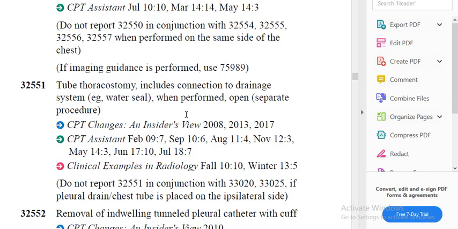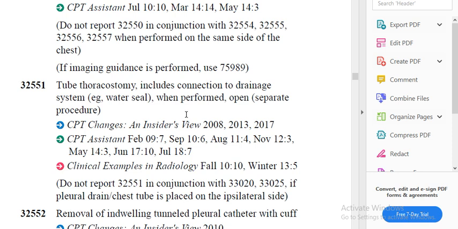So here we have one question. What code should be reported for open placement of a tube thoracostomy with connection to a drainage system to treat hemothorax? Hemo means blood. So hemothorax means blood in the thorax area. Answer is report code 32551.